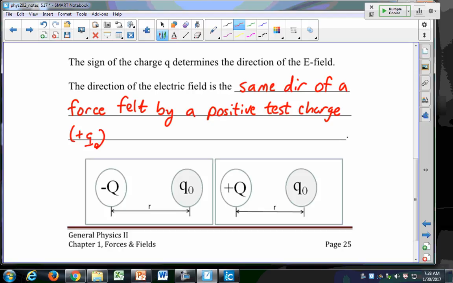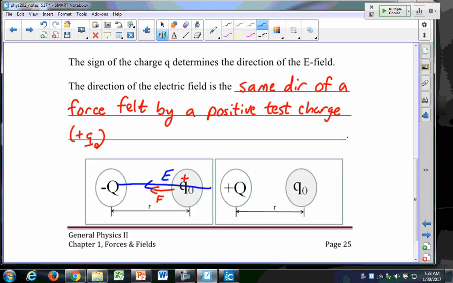So imagine if I have a positive test charge next to a negative charge, it feels an attractive or repulsive force. It's attractive, right? Opposite charges attract. So if this is positive, it's going to feel a force in this direction. And similarly, the electric field at that point is going to be in that direction. So I can draw it as a vector.